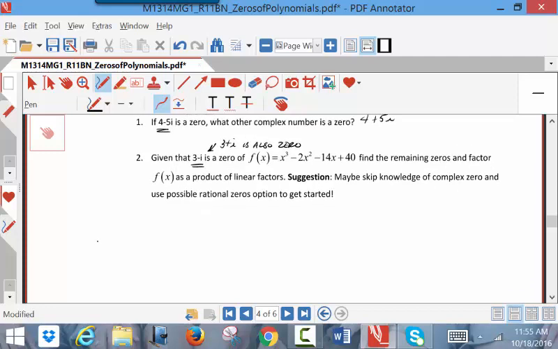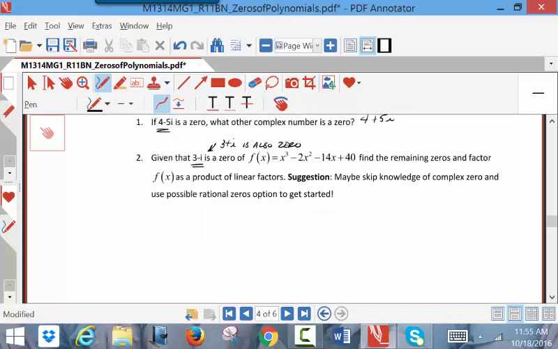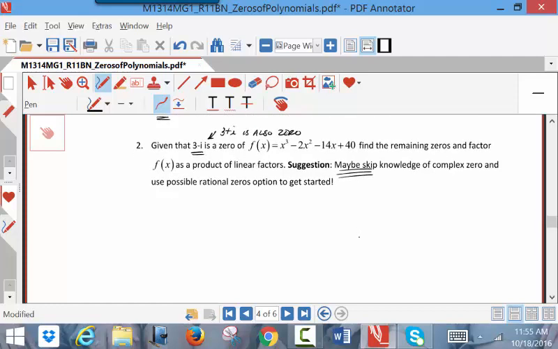Now, in the textbook, they teach you to take this complex number through synthetic division, and it's very long and very tedious. So what I suggest you do is maybe skip the knowledge of putting a complex 0 through synthetic division and just go straight to your plus minus p's over q's. Because trying to put 3 minus i through synthetic division is not easy at all.